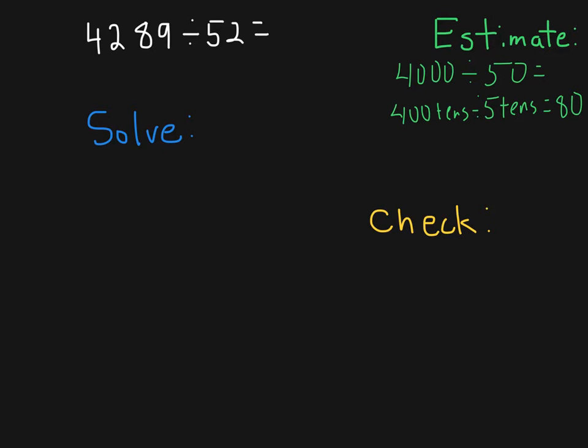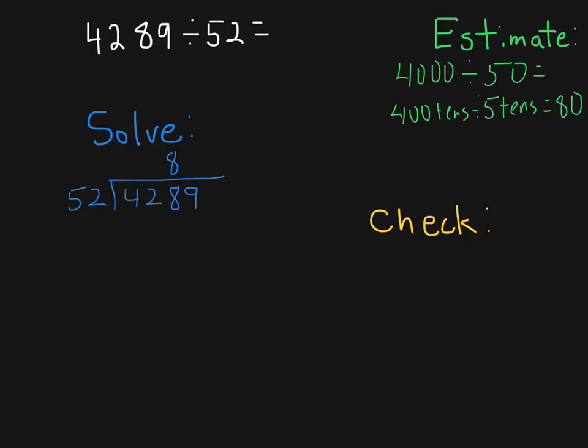So I know that when I set up my problem, that 8 is going to be in the tens place. So 4,289 divided by 52. Now I've done my estimate, so I know that the 8 goes in the tens place.